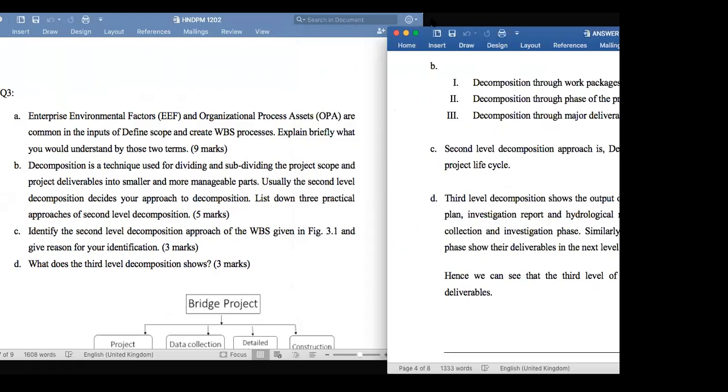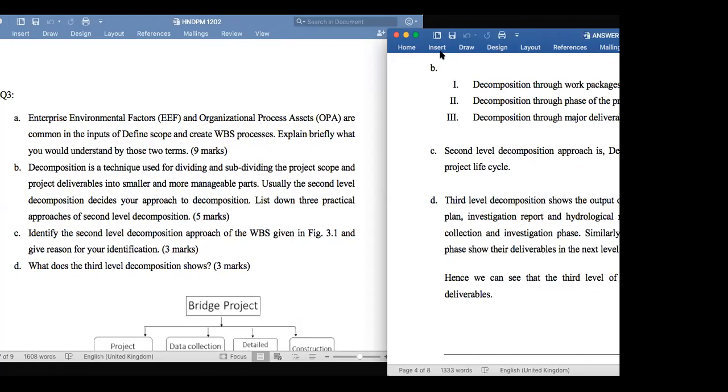I think I sent the answer script. Do you see both? Do you see?